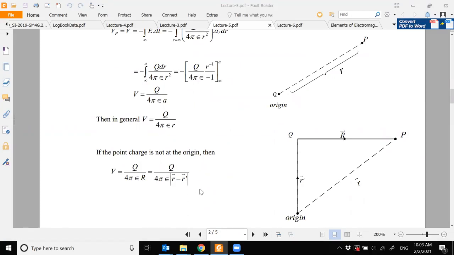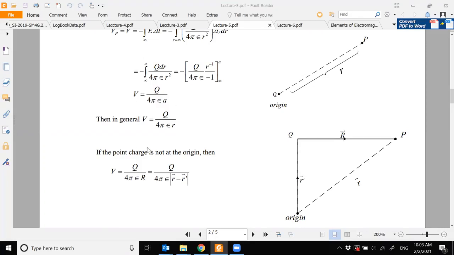So remember, compare the electric field of a point charge placed at origin and the potential due to that point charge placed at origin. You can see that the electric field's magnitude goes down as a function of 1 over r square, where r is the distance between your observation point and your charge, which is at origin.